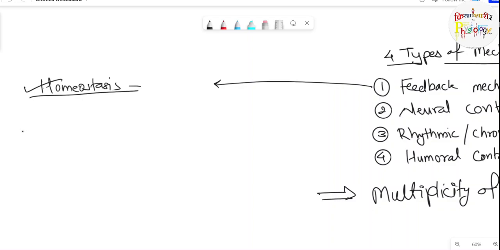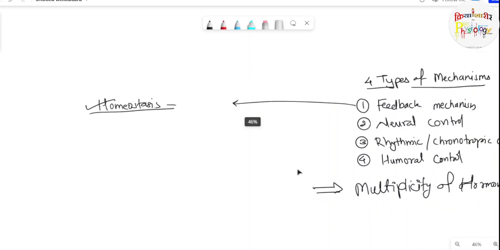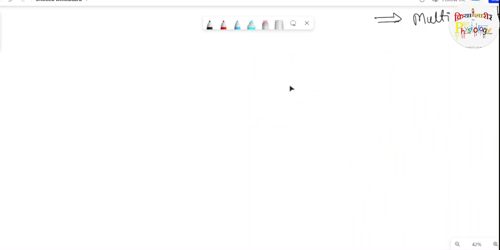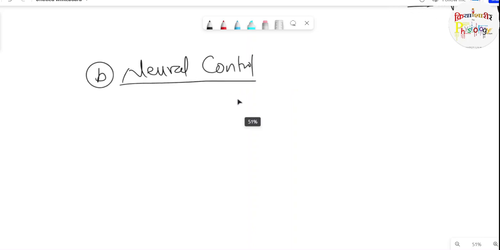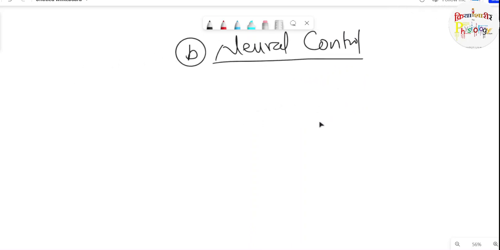Now second, which is neural control. We all know that the nervous system is the controlling system in our body. Out of that, the autonomic nervous system innervates endocrine glands and controls the secretion of endocrine glands.